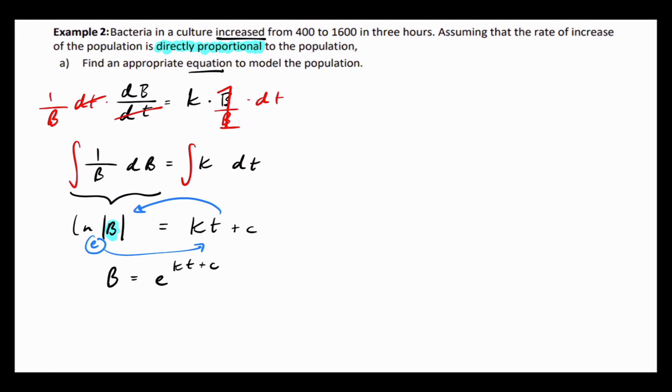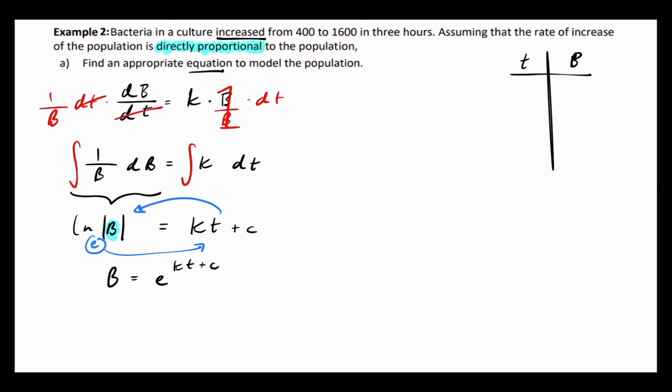So now I have to use my numbers. I have some values they've told me about, right? So I'm going to make a little table over here in the corner. The independent was time, t, right? The dependent was b. So time is in hours, bacteria is in however they're counting bacteria. So we know we have 400, right?